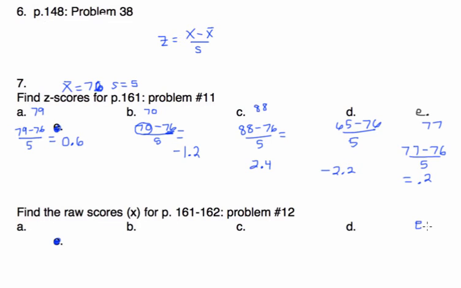Raw scores. Our mean, in this case, was 54,166, and our standard deviation was 10,200.